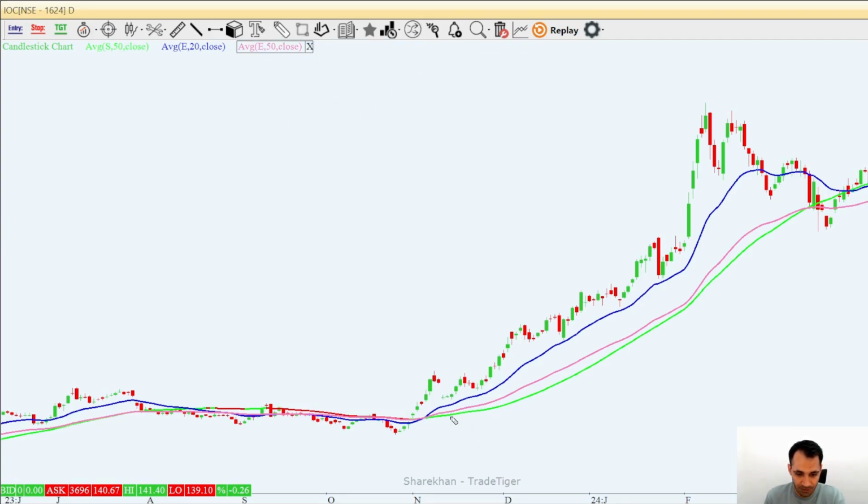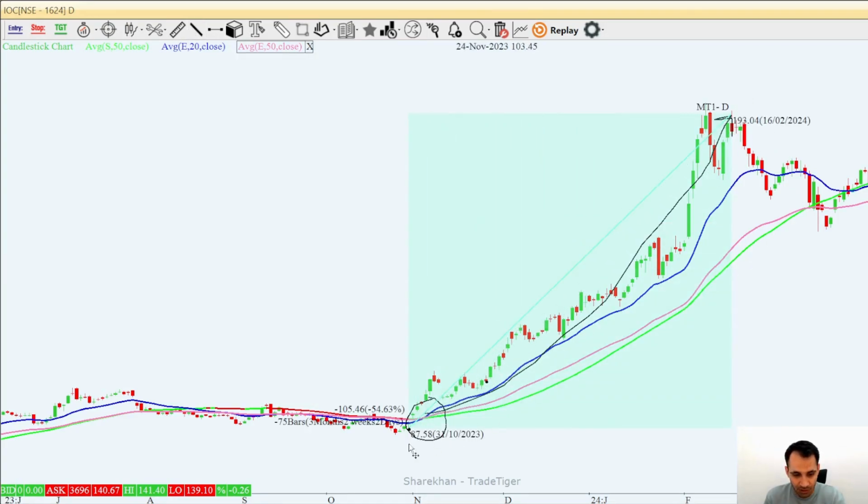For example, here we had a golden crossover, and you can see from here until here price moved in an upward direction because it's a bullish pattern. In terms of absolute increment, the price moved up quite significantly, like 54% from the moving average itself.